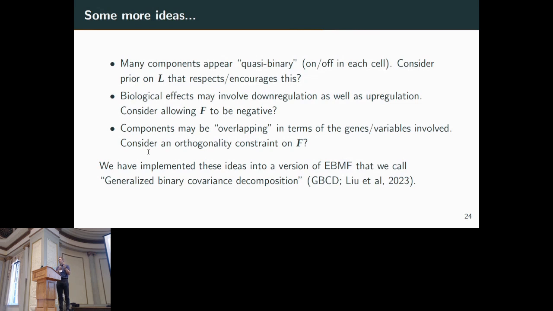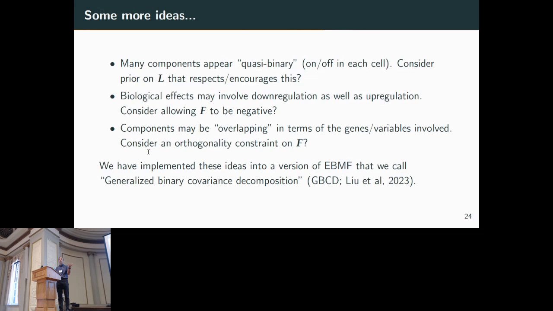While a cell cannot have negative membership in a program, it's either active or not active, the programs themselves could result in genes going down in expression as well as up. So maybe we want to relax the non-negativity assumption on F to allow for that kind of thing.